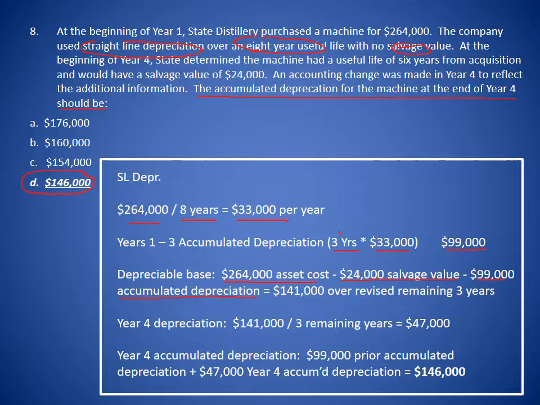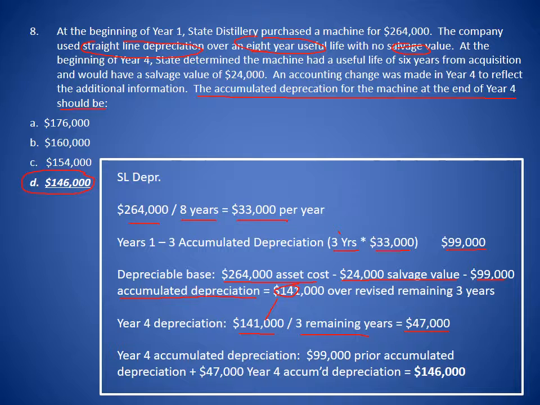So our year 4 depreciation will be the depreciable base that we now have, $141,000, divided by the 3 remaining years. That means our depreciation starting in year 4 will be $47,000 a year.